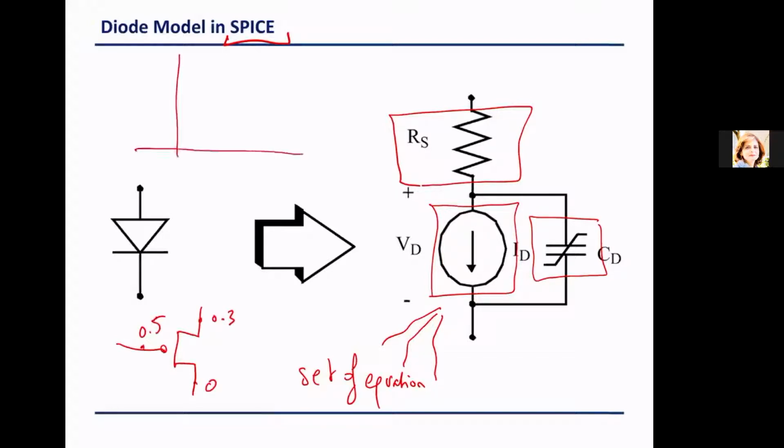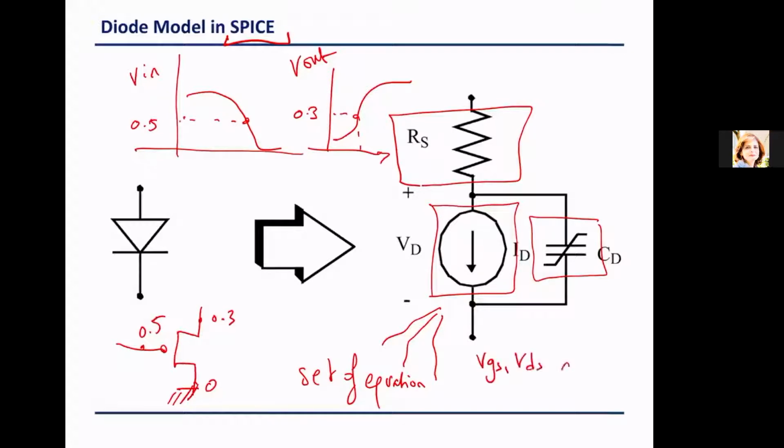If this is my input waveform and this is my output waveform, and I'm operating at this point where the input is 0.5 and the output is 0.3 at the same time point, and the ground is 0, this current will be a function of the specific VGS and VDS at that specific time point T.